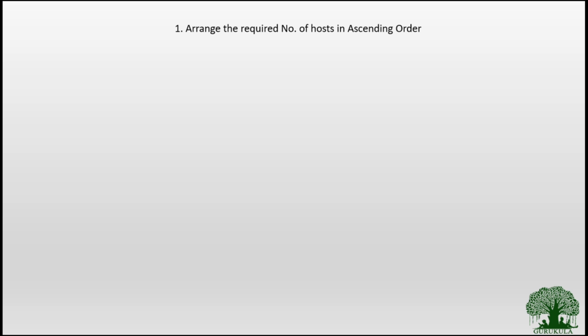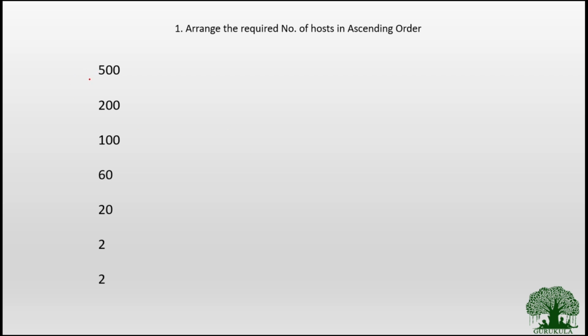Each and every step involved here in variable length subnetting is very important. The first and foremost step is to arrange the required number of hosts in ascending order. Actually, that should be arranged in descending order. I'm sorry for the typo. That has to be arranged in descending order, which means the largest number first, starting from the largest and going to the smaller.